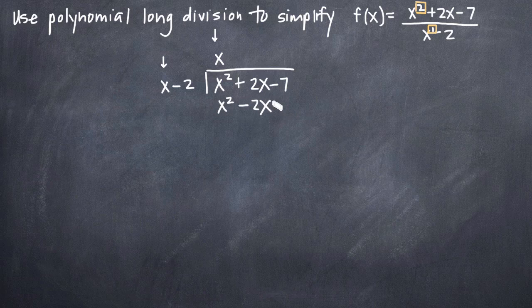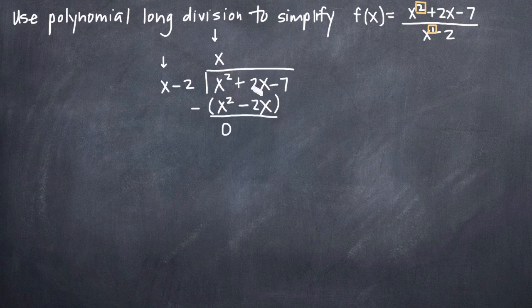Once we've performed that multiplication, we go ahead and subtract this second line from what's underneath our long division problem. So we put the negative sign out in front and wrap this part in parentheses, and we take x squared minus the x squared below it, and we get 0 here.